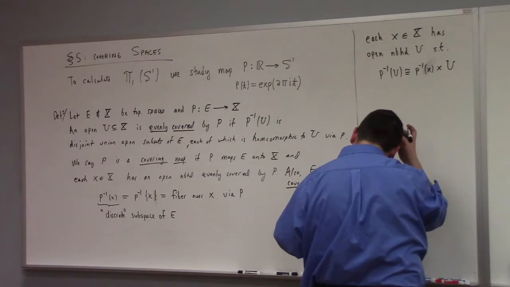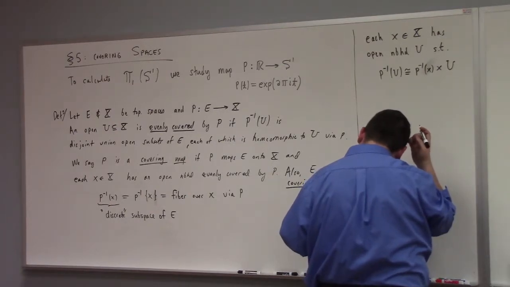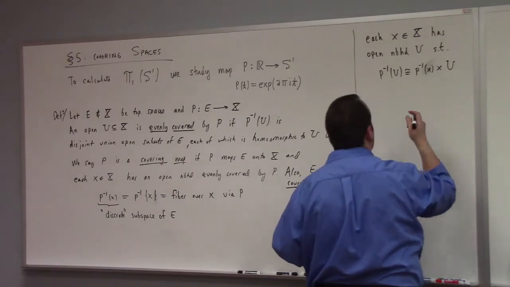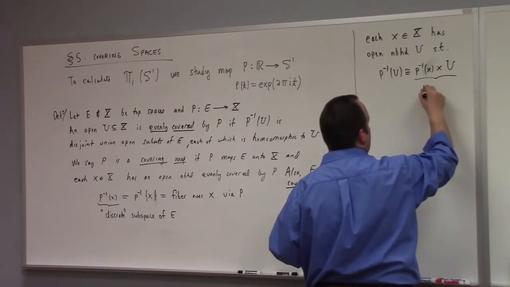And he says, furthermore, the subsets of P inverse U that are mapped homeomorphically onto U are called sheets of P inverse of U. So this is the disjoint union of sheets.